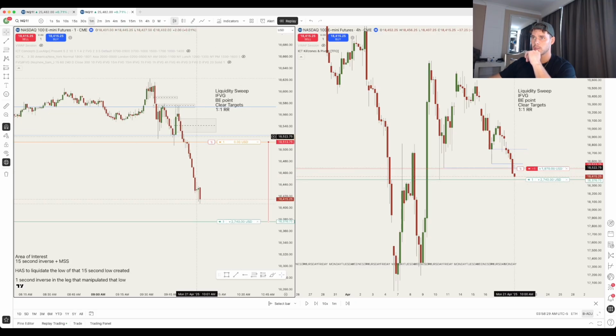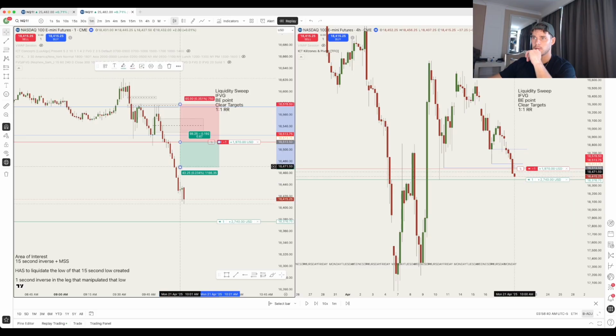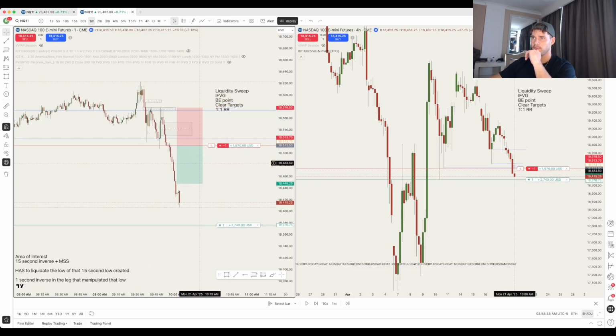This was, in terms of RR, stops at the low. All right, clear 1-to-1. For me, the clear target is this one. I believe that was always going to get hit, as I said at the start of this. It had a clear break-even point, which would be this low here.